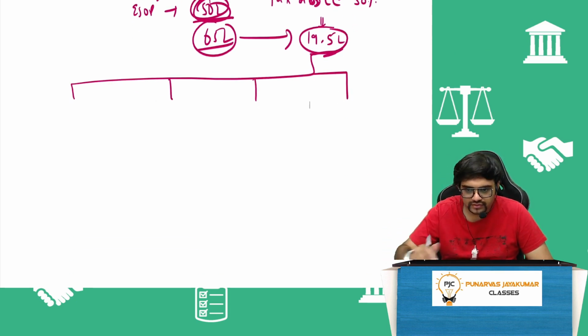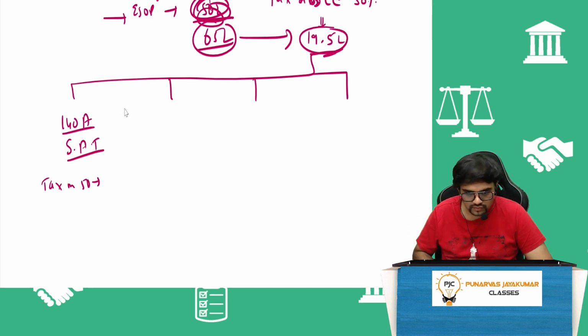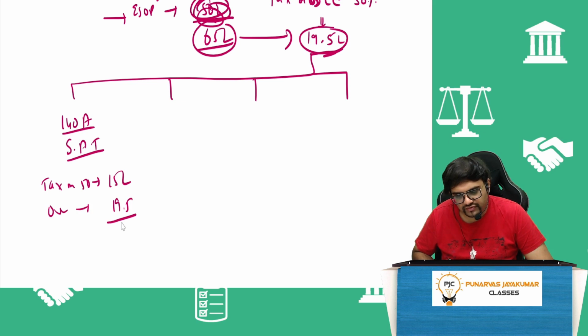How to defer? One is 140A, self-assessment tax. So tax on 50 lakh is 15 lakhs. Overall tax is 19.5.